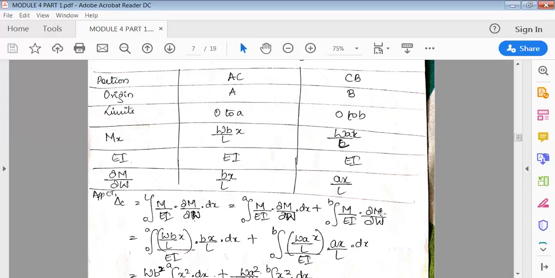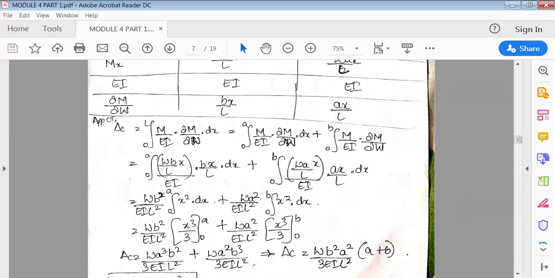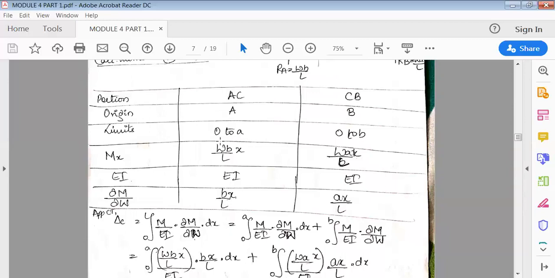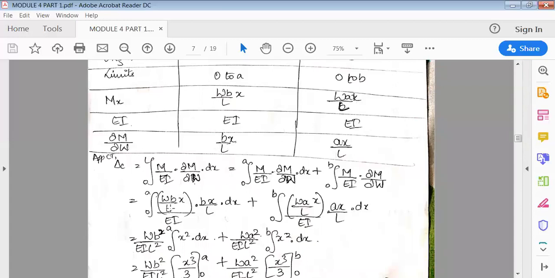First split this and write, and now we are going to use this. For 0 to a, instead of M, write the moment WBx/L, and ∂M/∂W is Bx/L, into dx.